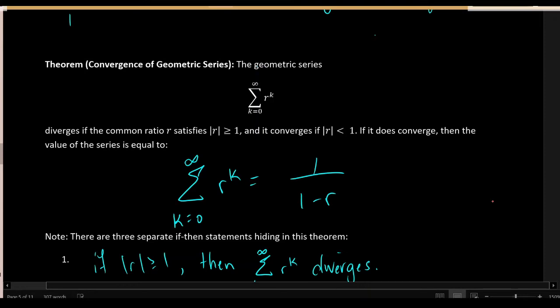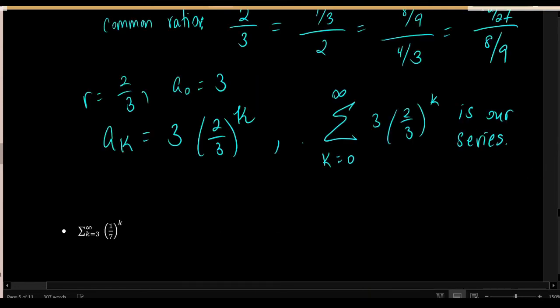However, let's use some properties of sums to set that initial value aside. We can essentially take that initial value of 3 and factor it out. So we have 3 times the series where the common ratio is 2/3.